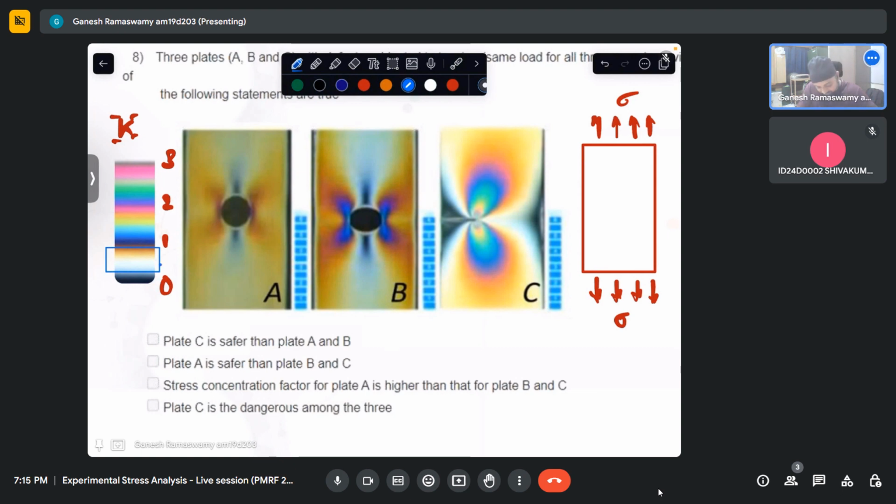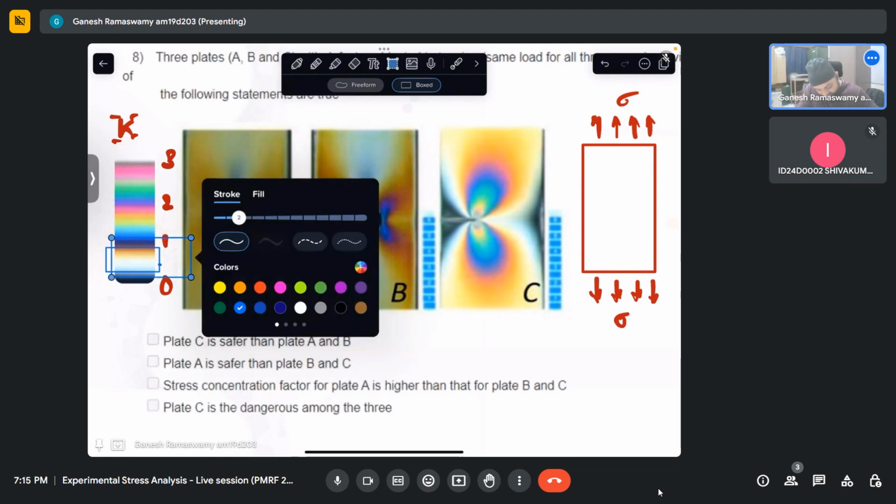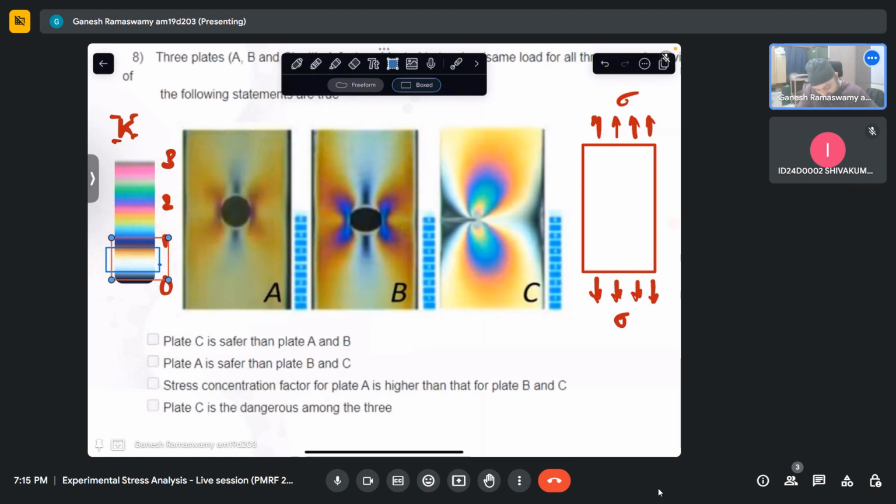A. Now what has happened for B? I'll change its color. What has happened for B is, for the most part, it is there, but certain shades of blue have also come about.